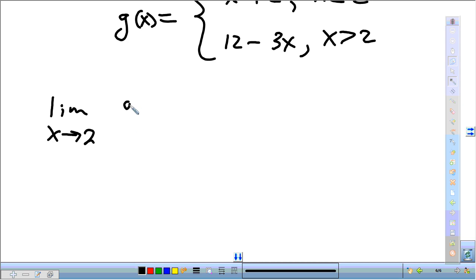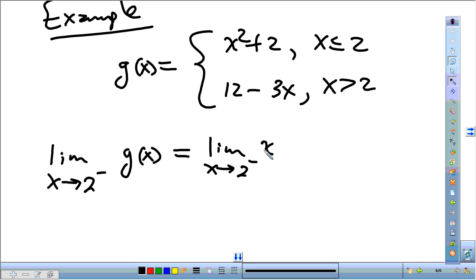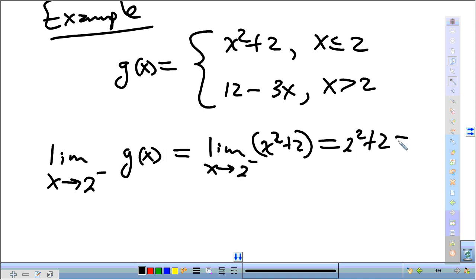What happens at 2? And so we'll look at the left side, which just means x is less than 2. So that would be defined by x squared plus 2. If we stay on that, it should look like 2 squared plus 2, or 6.